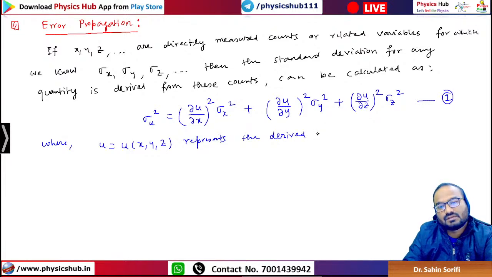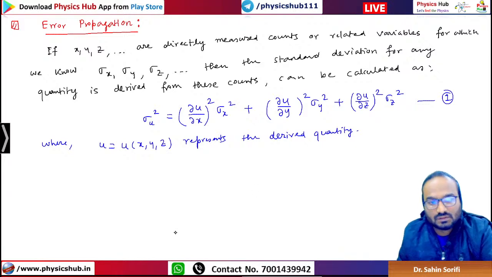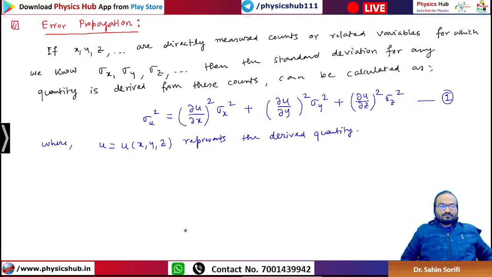This equation 1 is known as the error propagation formula.